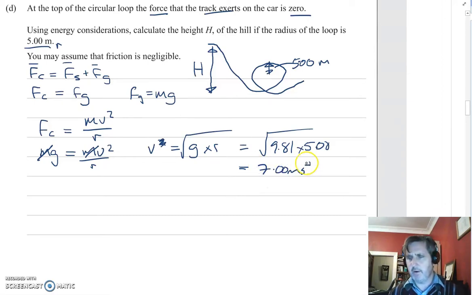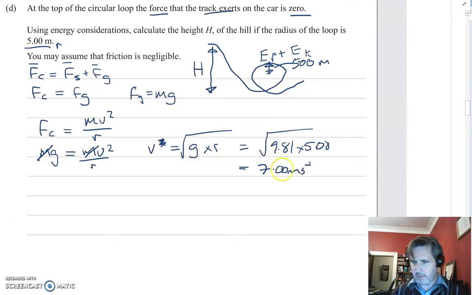So that's all fine and good. Why did I do that, you ask? Well, look, at the top of this loop, the total amount of energy we have must equal the energy at the start. And if I know the potential energy at the top, because I know the gravity and I know the mass, I can work out the height. So what I know at the top part here is I have potential energy and I have kinetic energy.